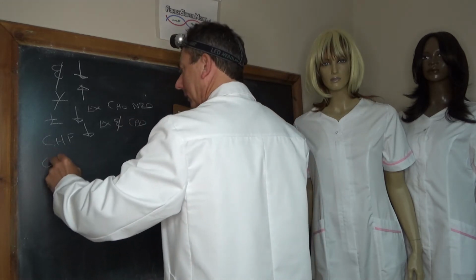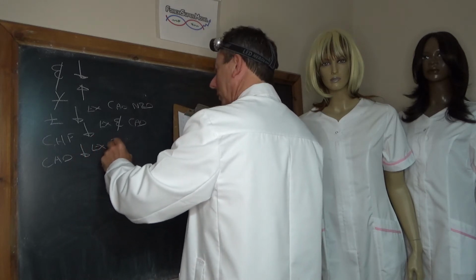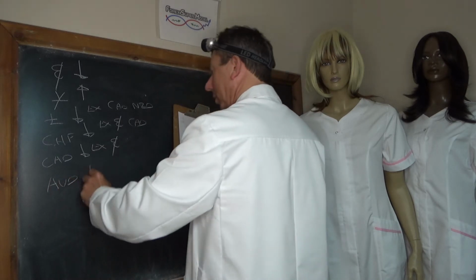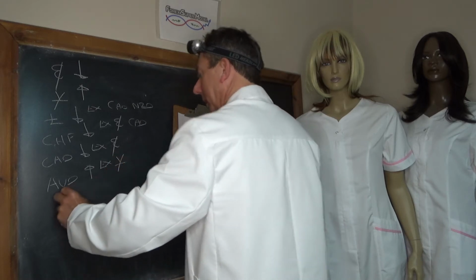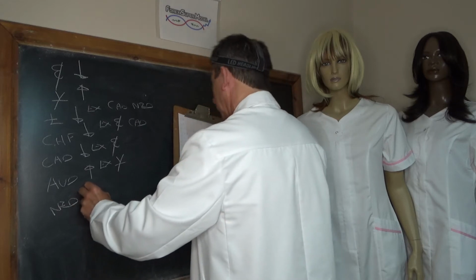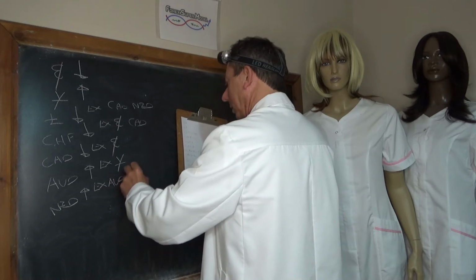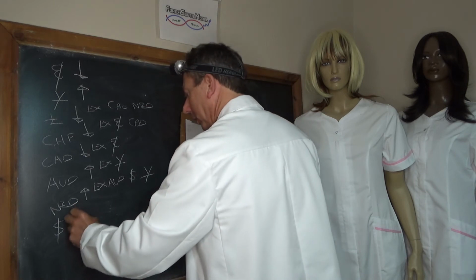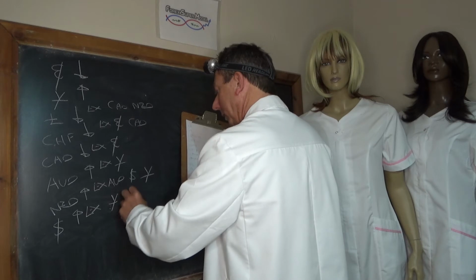The CAD is weak, except against the euro. The AUD is strong, except against the yen. The NZD is strong, except against the AUD, the dollar and the yen, and the dollar is strong, except against the yen and the AUD.